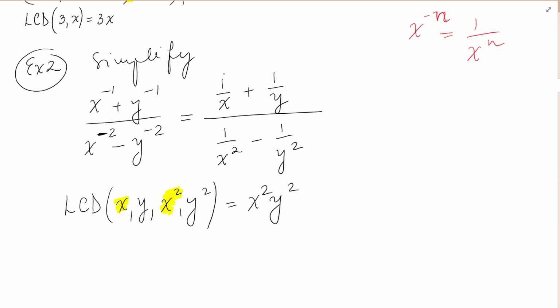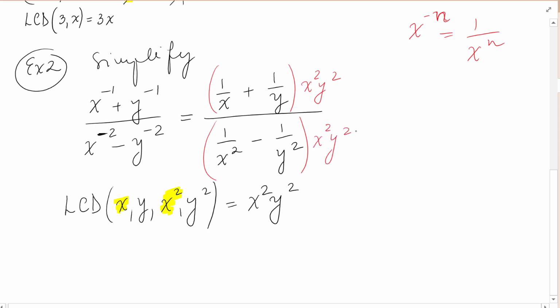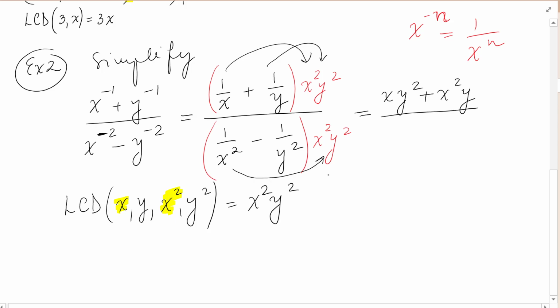Well, we multiply the numerator by x squared y squared, and we multiply the denominator by x squared y squared. So let's see. 1 over x times x squared y squared is actually x y squared, plus 1 over y times x squared y squared is x squared y, over 1 over x squared times x squared y squared is y squared, minus 1 over y squared times x squared y squared is x squared.